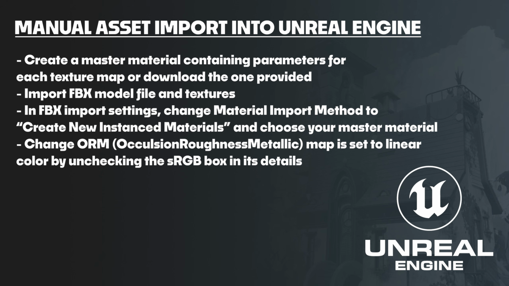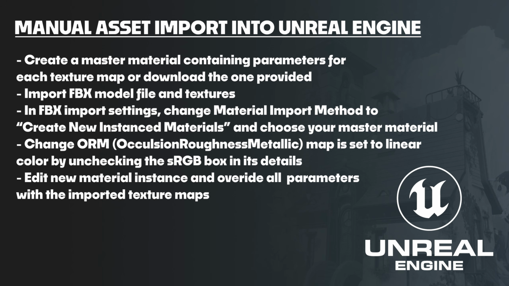We want to make sure that our ORM, occlusion roughness metallic map, is set to linear color by unchecking sRGB in its details. We can find it by double clicking on it. We then want to double click on our new material instance that it will create and override the texture parameters with our imported textures.